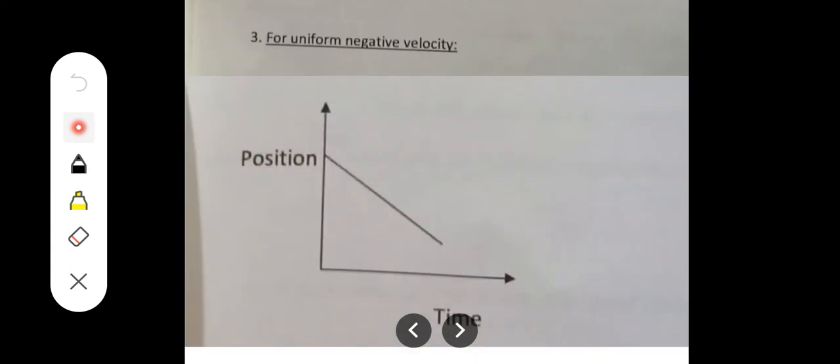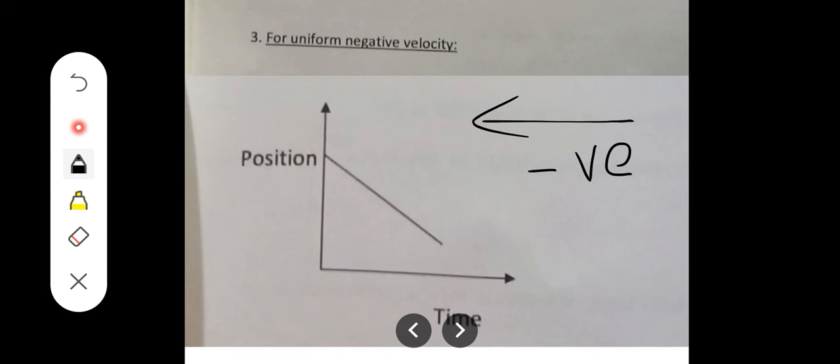Okay, next, for uniform negative velocity. See here, uniform negative velocity, you understood, no? As I explained for uniform positive velocity, similarly, if the object is moving in the negative direction, as velocity has got direction, it changes its position in the negative direction, and that change of position is uniform, meaning it has uniform negative velocity.